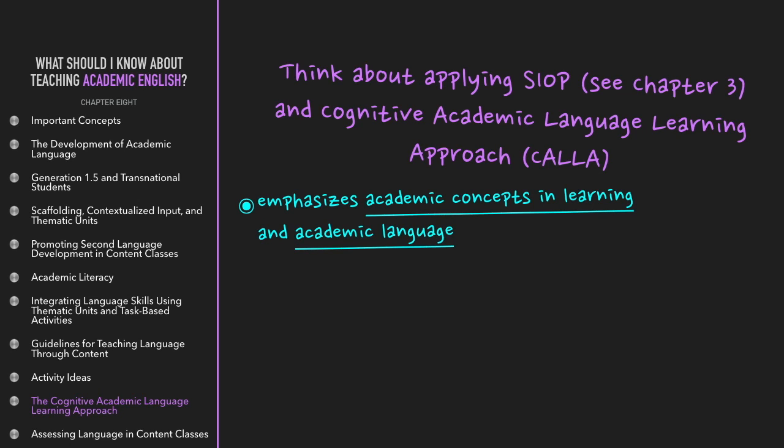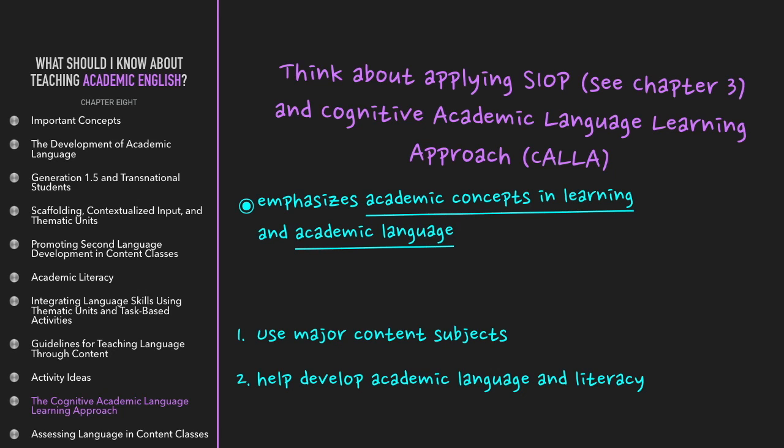There are 3 main components to consider. 1. Topics should be chosen from major content subjects. 2. Teachers should help students with their development of academic language and literacy. And 3. there should be very clear instructions of both content and language learning strategies.